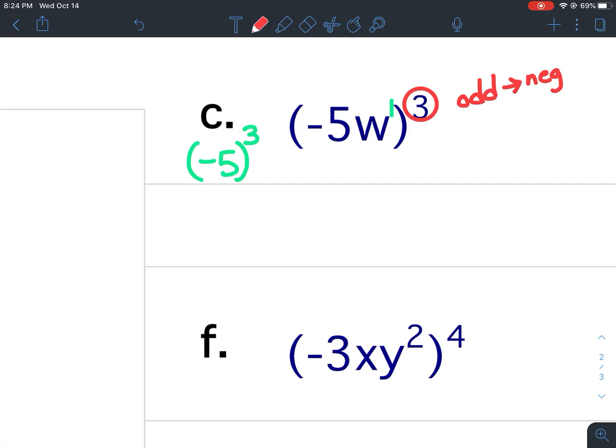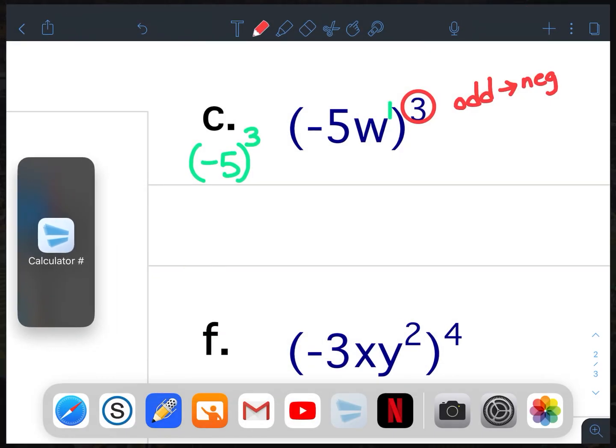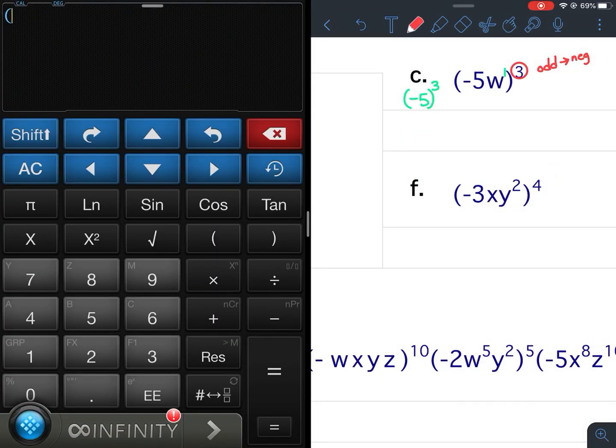So in your calculator, you would put -5 to the 3rd power, and you get -125.